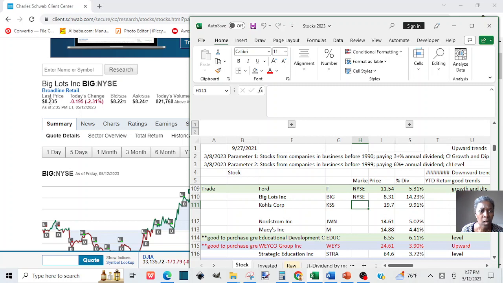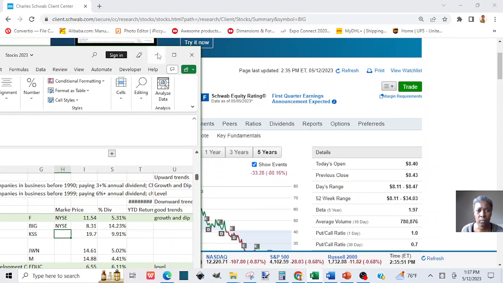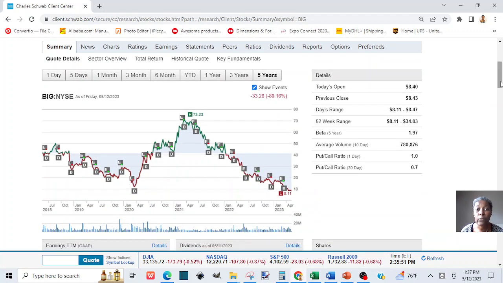And now you want to look for the 52 weeks range. So I'm going to move it down. So we have the 52 weeks range. So that means at some point in the past, within 52 weeks, 1 year, it sold for $8.11, and another time it sold for $34.03.